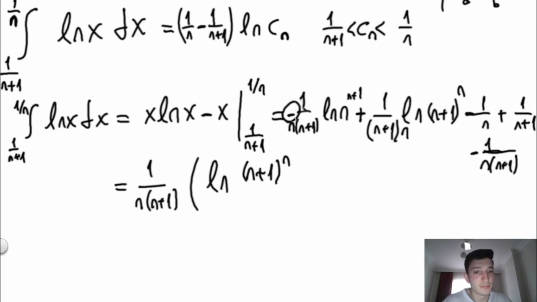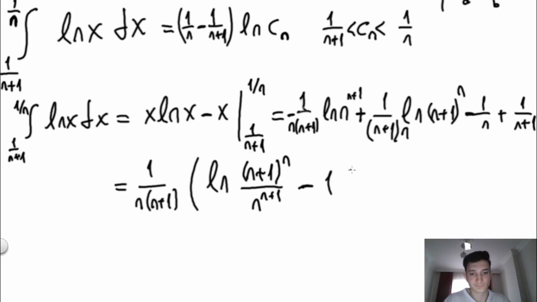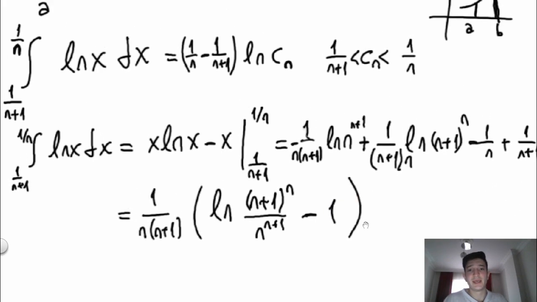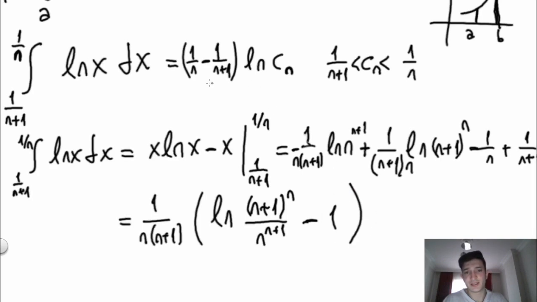And now minus this thing. If it's minus ln of something, I can also just take this here, n to the n plus 1. And like I said, the rest of the terms are just minus 1. Okay, cool. And again, I said that this thing is also equal to 1 over n times n plus 1.